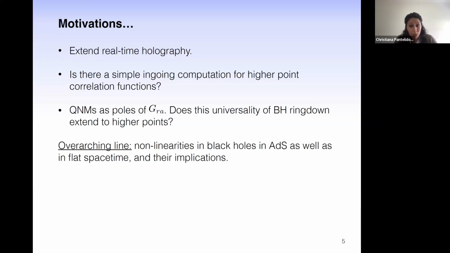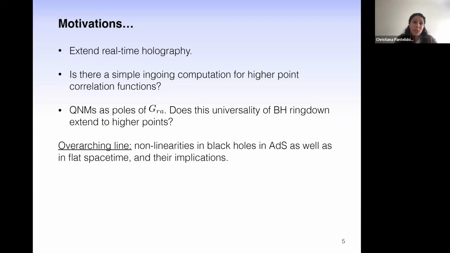Now, a third motivation is we want to see whether the universality that Son and Starinets found at the level of two-point functions, relating black hole ringdown with linear response functions, whether that can be taken to the nonlinear level. And the answer to this question is that at least at the level of the three-point function, this will go through.